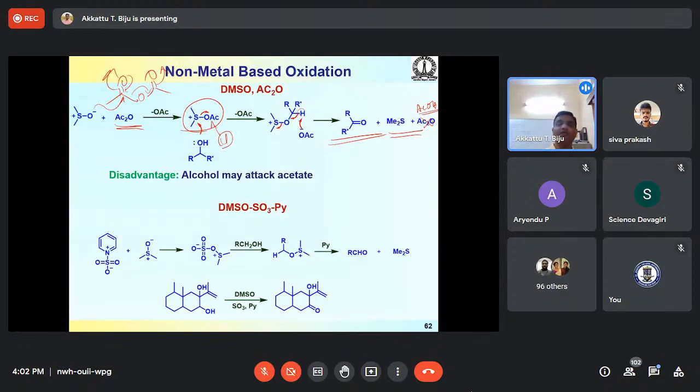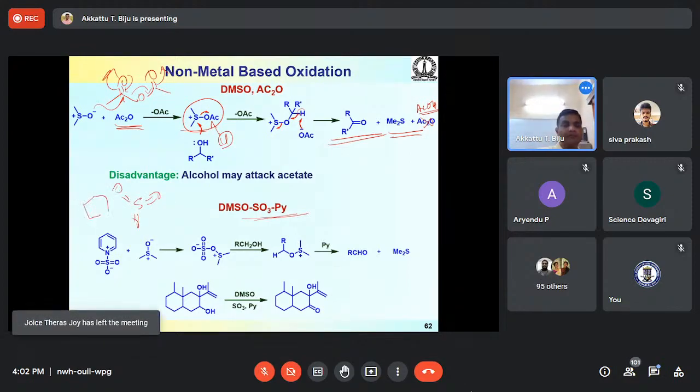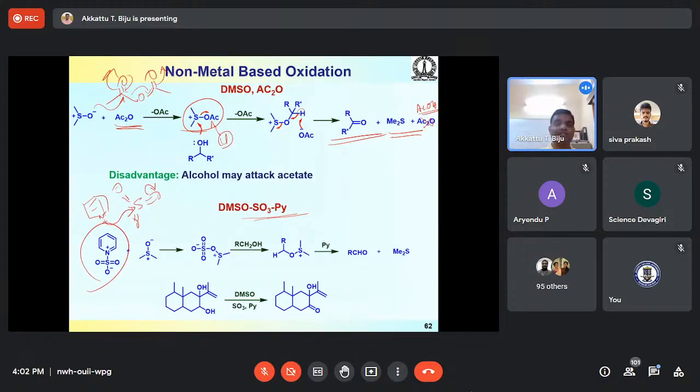Instead of the acetic anhydride, one can also use the sulfur trioxide pyridine method. If you have sulfur trioxide and pyridine, the lone pair of electrons on pyridine can add to sulfur trioxide, generating this zwitterionic species.